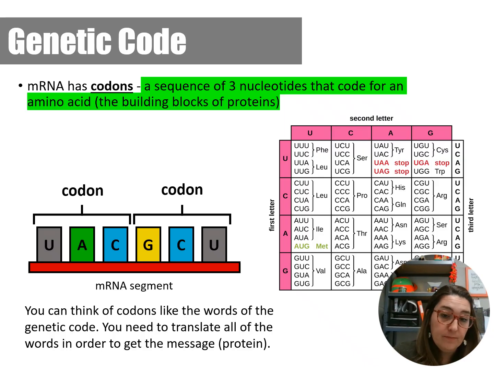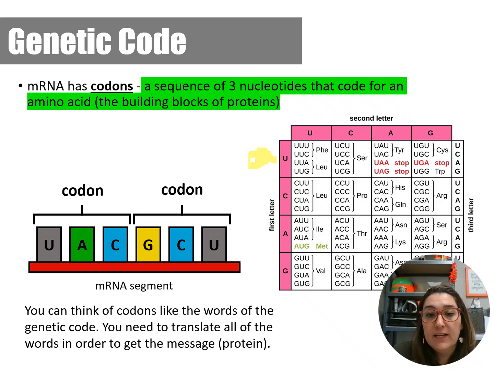UAC. On the state test, if you have seen a codon wheel before, those codon wheels aren't usually on the state test. So we're going to use a codon chart. So the first letter is a U. So you're going to find a U in the first column. It's right here.